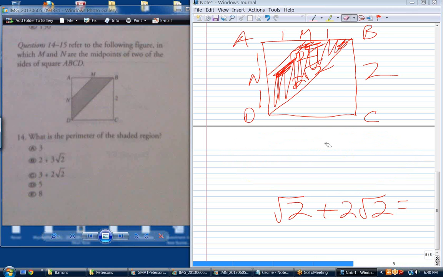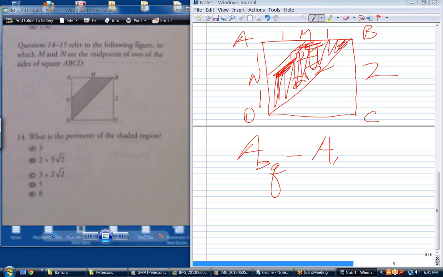Any question that asks about a shaded region is almost always a subtraction problem. So it's the area of the square minus what? Minus the area of the large triangle minus the area of the small triangle.